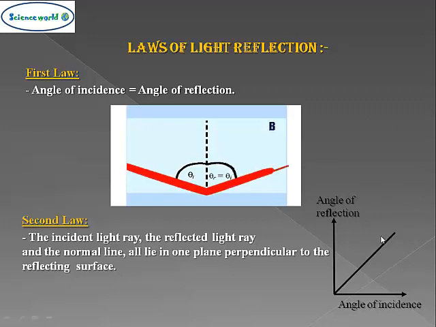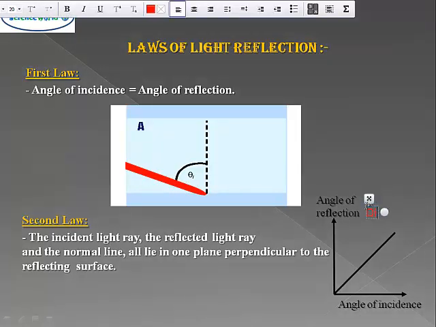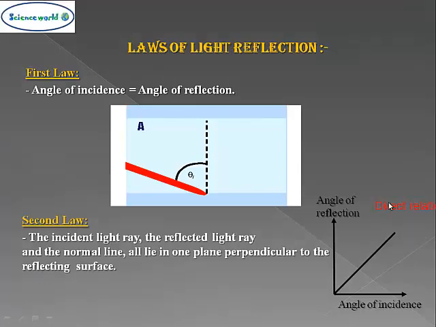And about this figure, the angle of reflection and the angle of incidence, there is a direct relation between them, as we know that a straight line means a direct relation. So, by increasing the angle of incidence, the angle of reflection also increases, as both of them are equal.